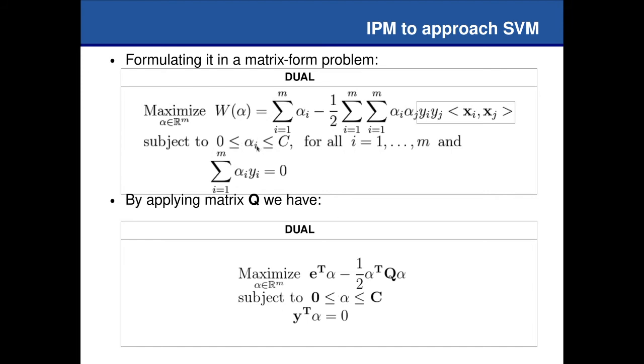And then I decided to reformulate. Instead of using alpha i for every possibility of i from 1 to all my m elements in my training sample, I decided to use the vector alpha, whose lower bound is defined by a zero vector and upper bound by a vector of C, repeating all values for C. Here I could write an E if you guys prefer.